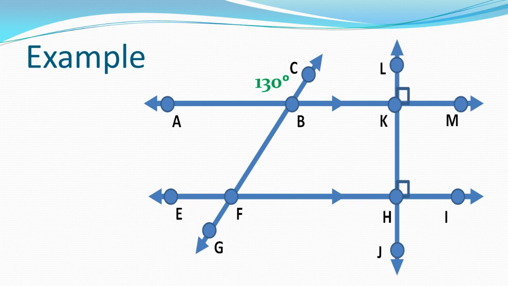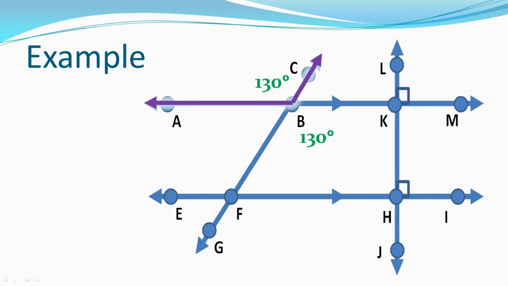I may need to label up the entire diagram. So if I wanted to start labeling every given angle here, I know that this angle is 130 degrees. That is a vertical angle. So ABC and GBM are vertical, which means they're congruent. So that means that GBM is also 130 degrees.